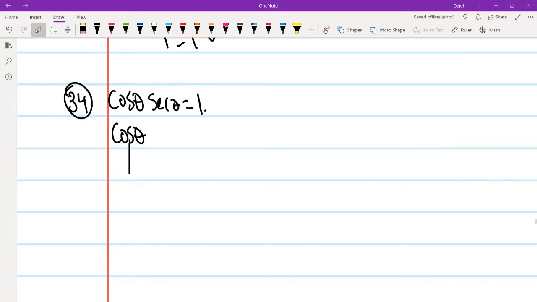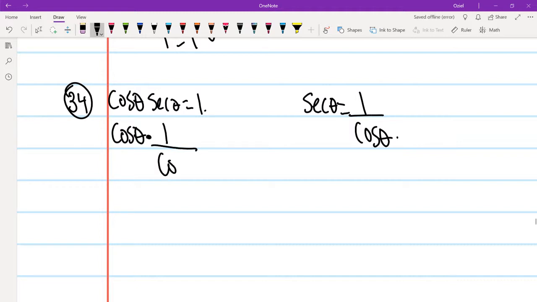And then secant of theta, if you remember from earlier, secant of theta equals 1 over cosine of theta, so you would apply it over here. It's being multiplied, so it would be cosine of theta over cosine of theta, which is equal to 1, and that equals 1. So you verified it.